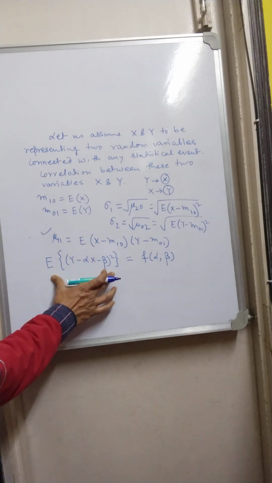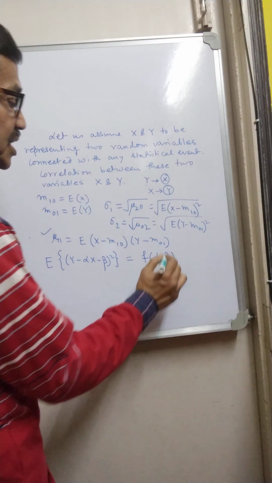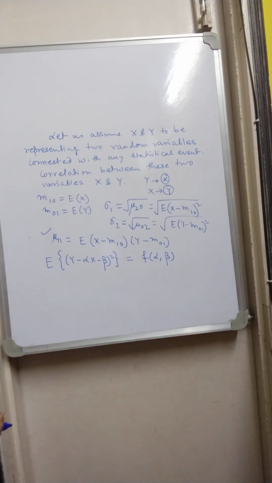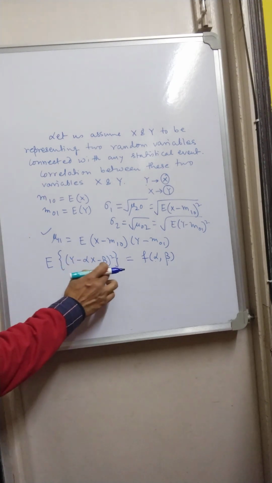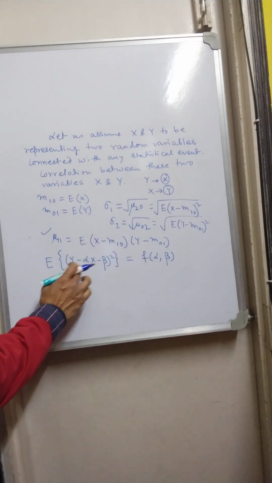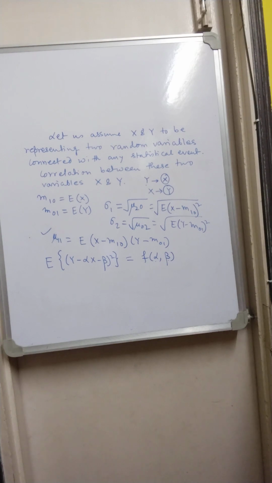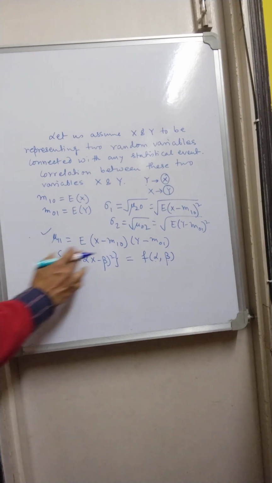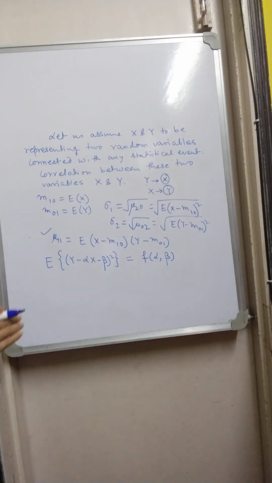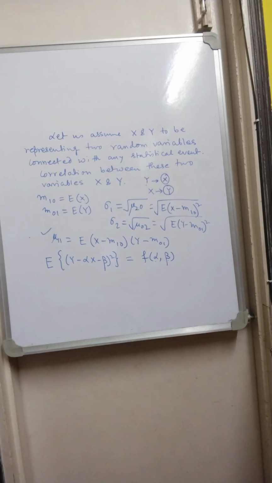And this expectation is to be minimized with respect to these two variables alpha and beta, which gives the best linear regression, or rather the linear relation between y and x, or these two random variables. And this is minimized to give us the best fitted straight line representing x and y, or the tabular data or the bivariate data, whatever you say.